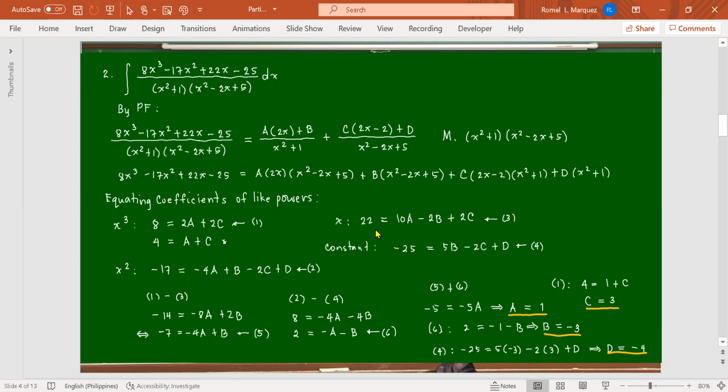So this original integral is now equal to this integral, of course putting dx in each, and we substitute the values of a, b, c, and d. So getting this integral.